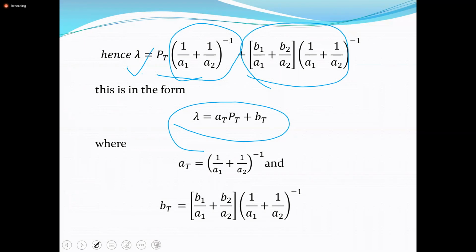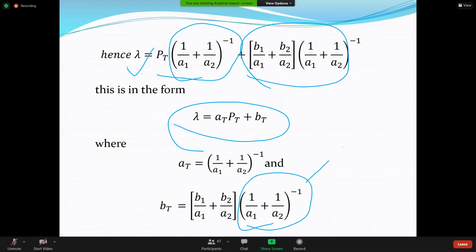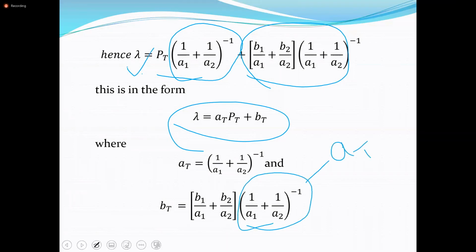And BT is equal to B1 over A1 plus B2 over A2. Note, however, that what we have here is AT. So BT is equal to AT times B1 over A1 plus B2 over A2. All right.